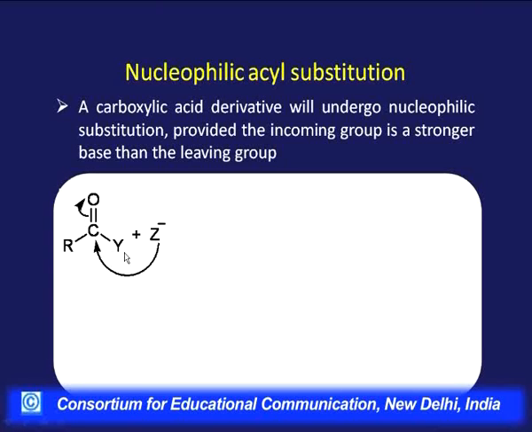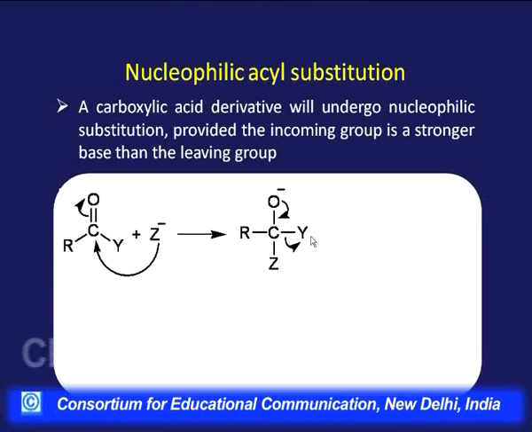So, Y is any leaving group as I discussed, and this Z is a nucleophile. The first step will be that it attacks here, a pair of electrons will move towards oxygen, and when this electron pair comes back, then from this carbon either Y may be lost or Z may be lost.